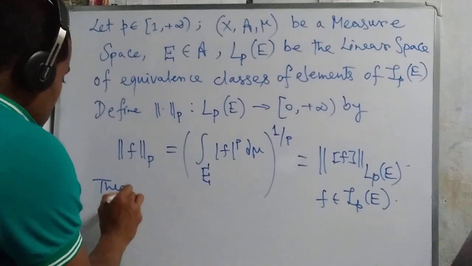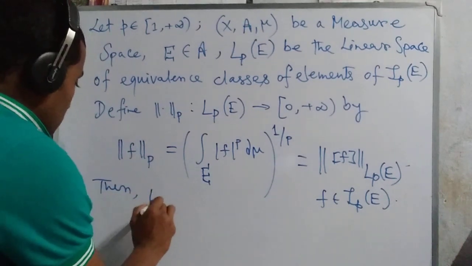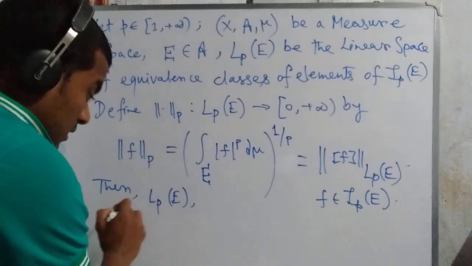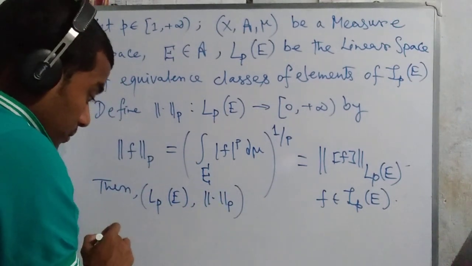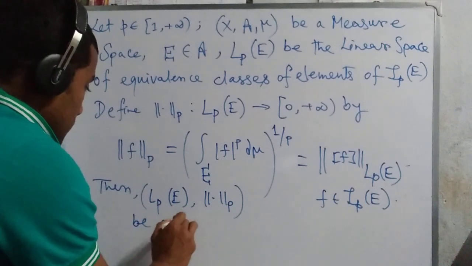Then L^p(E) with norm p is a normed space.